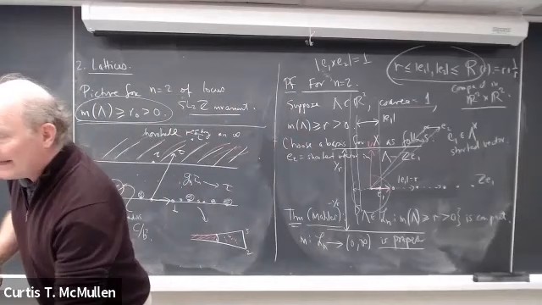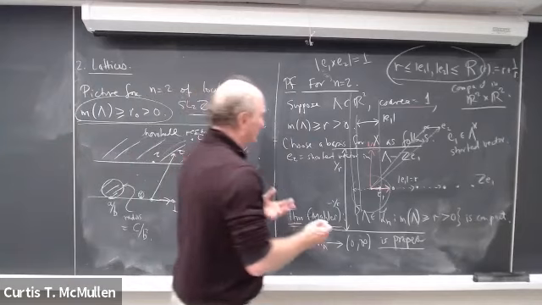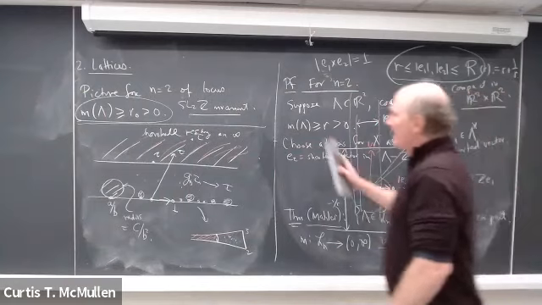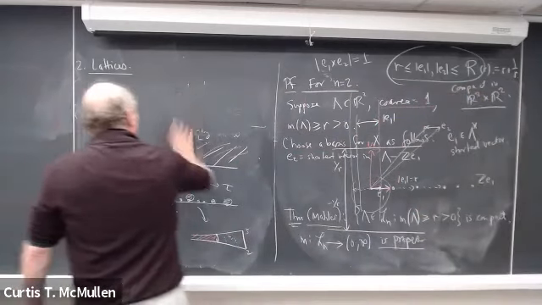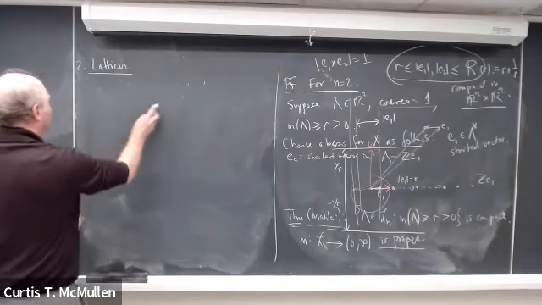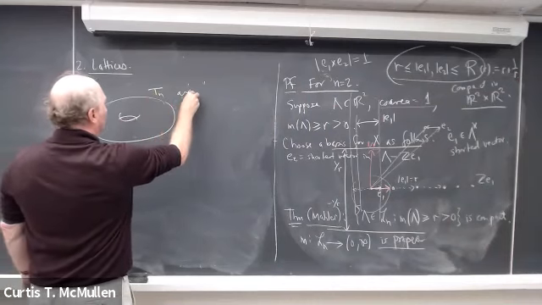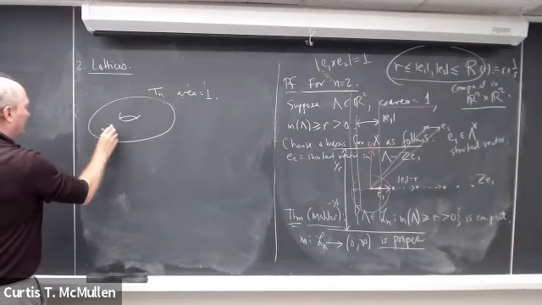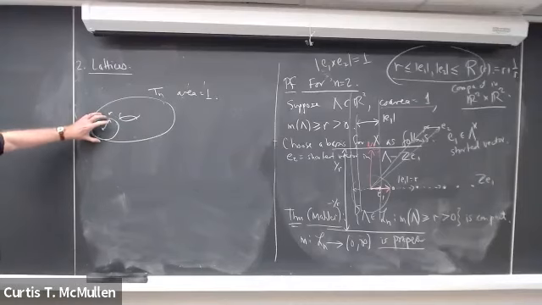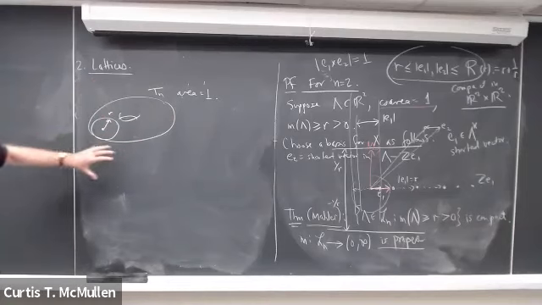And again, there should be an intuition that goes behind this, which makes the theorem seem almost obvious. So the geometric theorem is that if you have a sequence of tori of area 1, and the injectivity radius of this torus is bounded below by R, so at every point there's an embedded disk of radius R, then there's no way for these tori to degenerate.